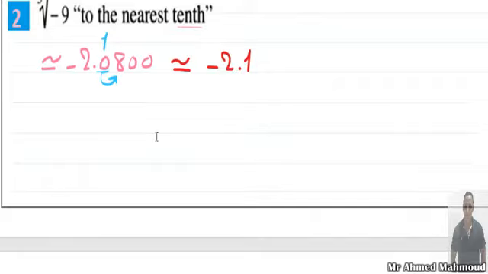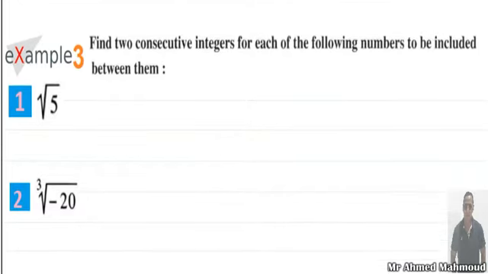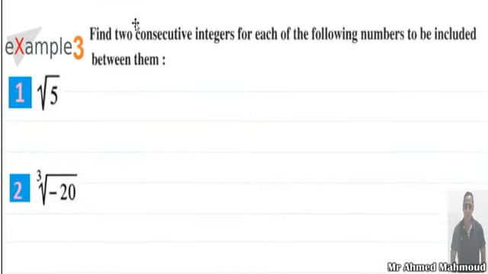Let's solve the next one. Find 2 consecutive integers which the following numbers are included between. The consecutive integers means integers next to each other. For example, 4, 5, 6, 7, and so on are consecutive integers.